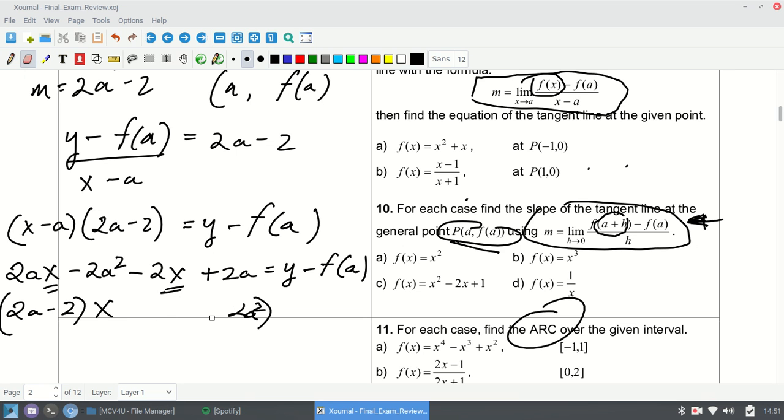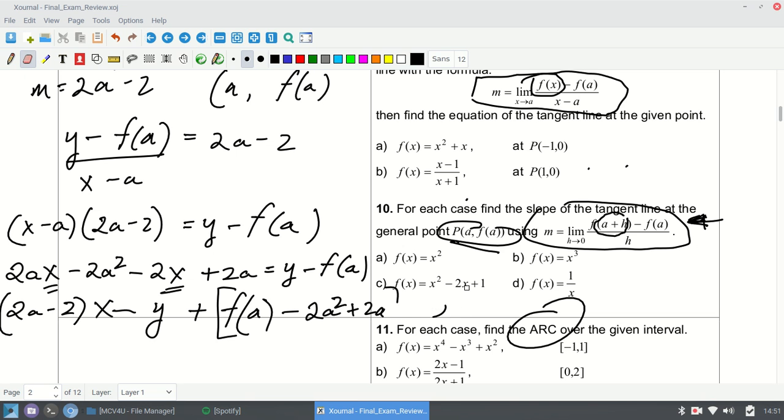Let's put this all together. I get minus y, plus, and I can collect the constants together, f of a minus 2a squared plus 2a, and that is my answer equals 0. That's what I get. Sounds good?